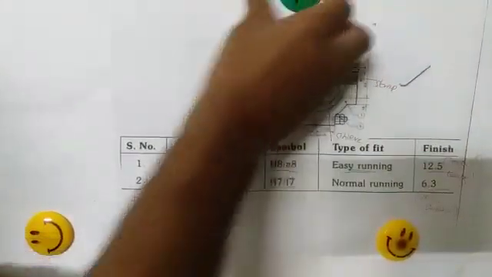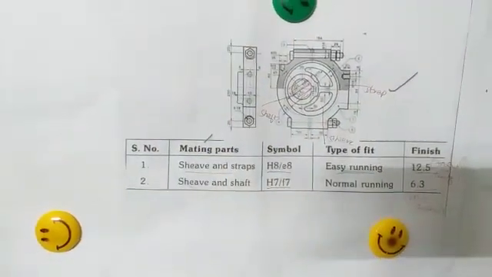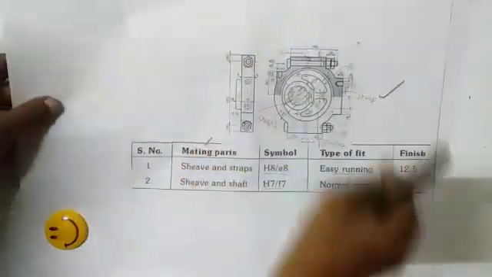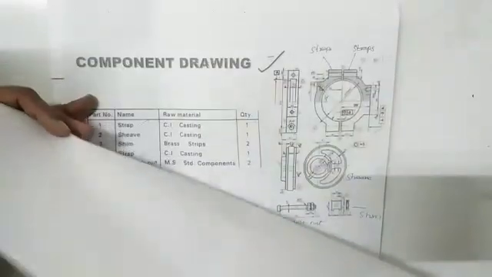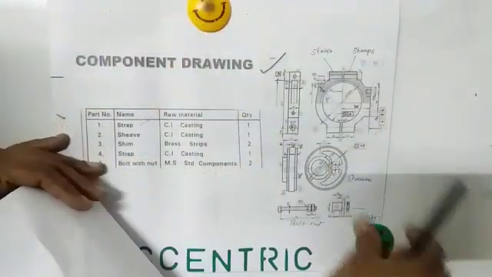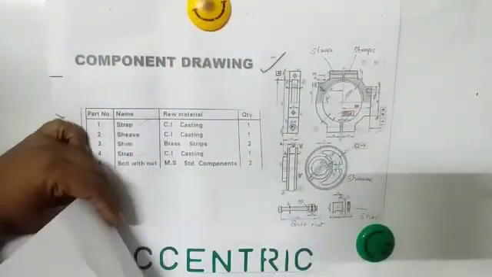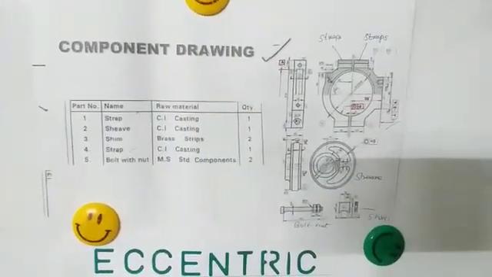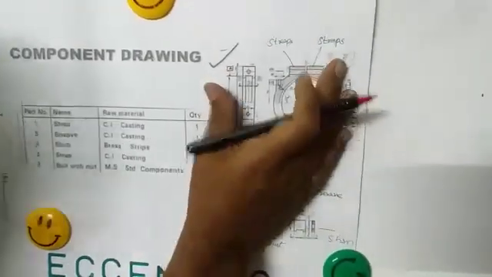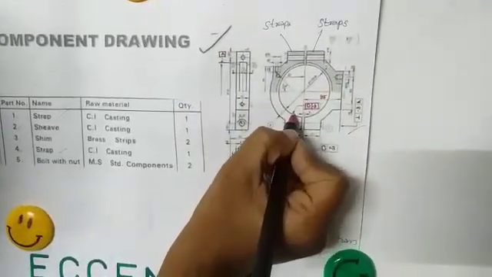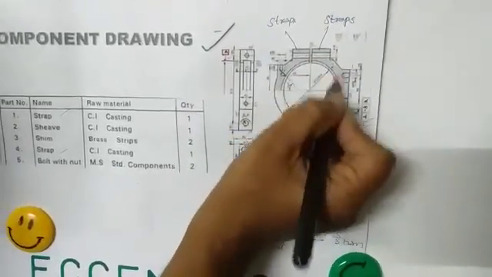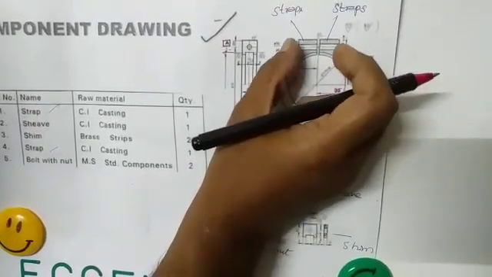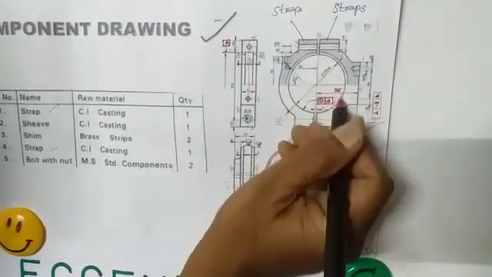Now let us concentrate on the geometrical tolerances. For geometrical tolerances, just go through the first solution. Just concentrate only on this portion. What kind of GD&T tolerances are we going to get? Once the two parts are mated together as a single unit, we have to expect roundness here.